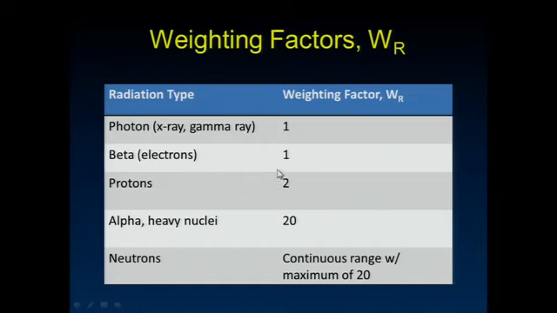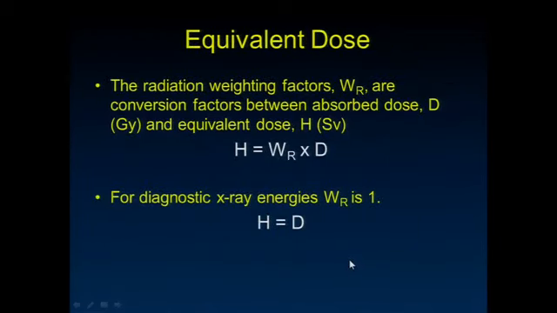Protons, because they're more massive and have the same charge as an electron, have a slightly higher weighting factor. Alpha particles, 2 protons, 2 neutrons, quite a bit more massive, a bit more charge, have a much higher weighting factor. Neutrons are a more complicated issue, and I'm not going to get into those, but I just wanted to show those weighting factors.